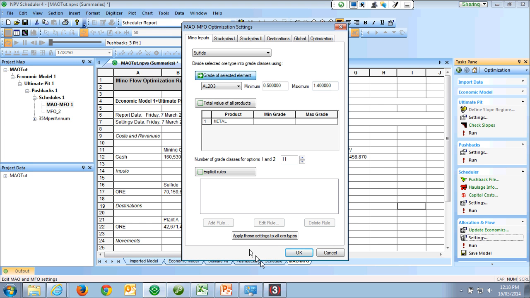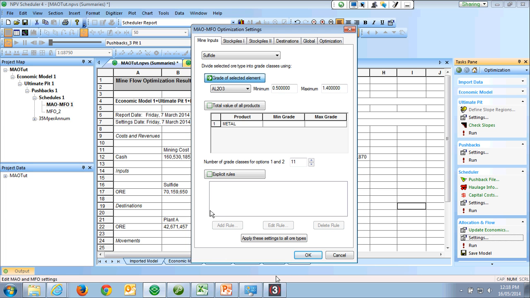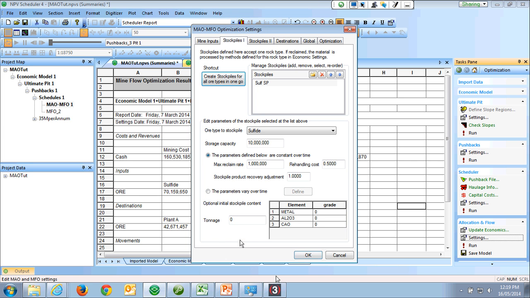So here's my MAO settings. I only have one rock type, and the aluminum in it is a waste product. So we want to control the aluminum grades that are going into the plant. So we've got a simple one grade, we've got 11 bins. We have created one simple stockpile for that ore.